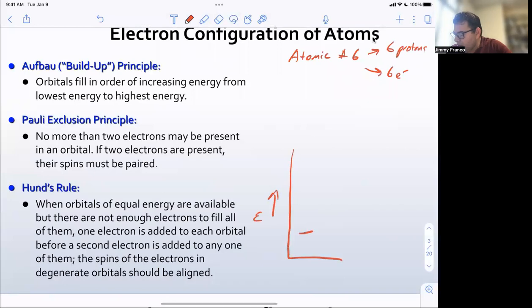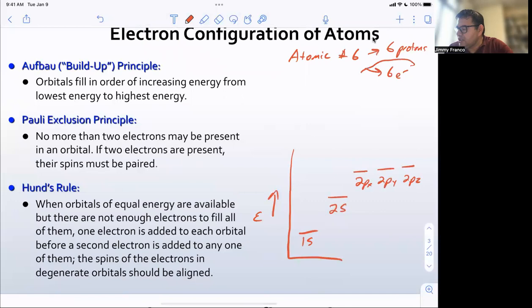So we have the 1s, and then we're going to have the 2s, and then our 3 p's: px, py, and pz. All right, so let's start going up through each one of these principles and fill up these electrons.